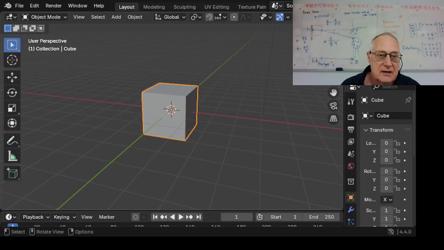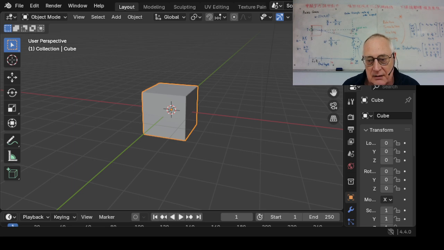So for the Blender interface, you can download it from blender.org and install it. It's open source, so it's free.